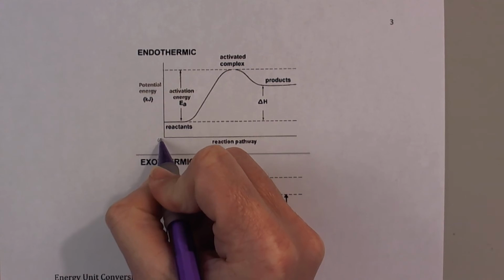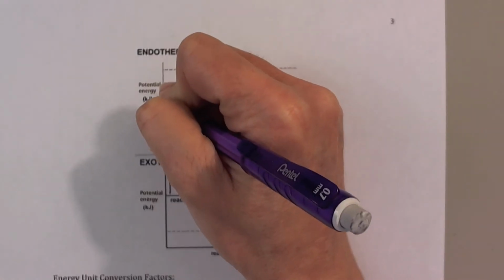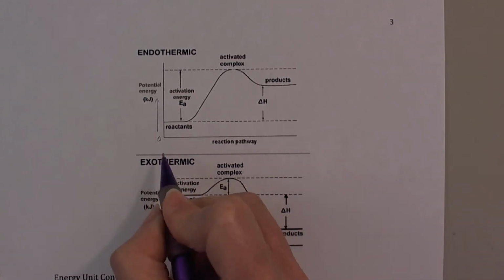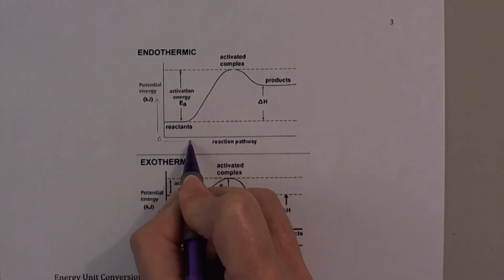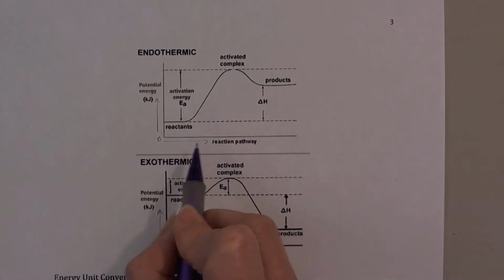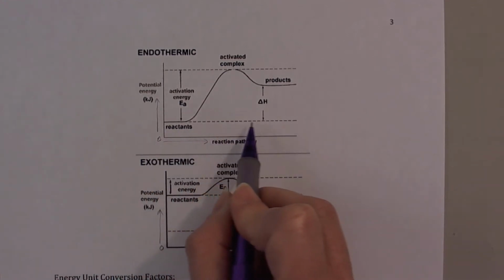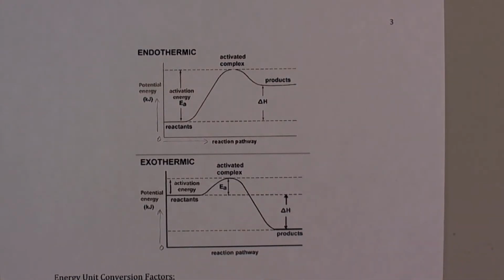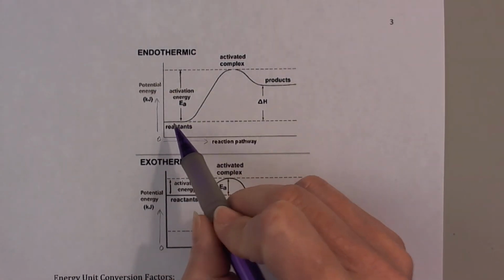So down here would be 0 and it increases. Here, reaction pathway. This just means as time progresses, as that reaction goes, this is showing the passage of time in that reaction going.